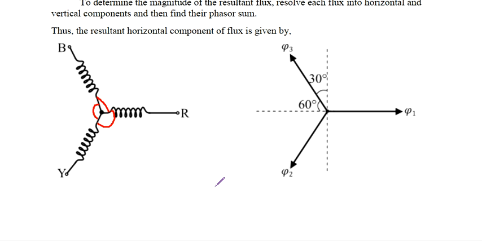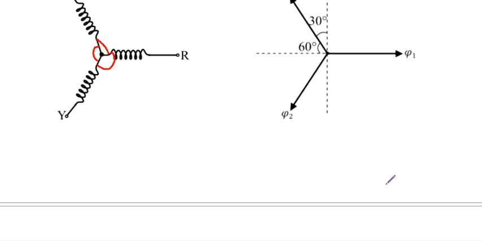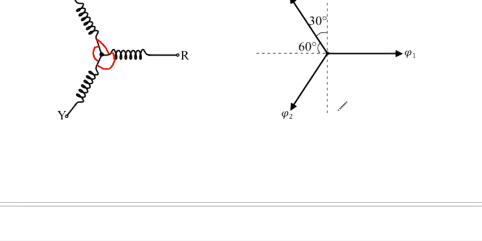So if you write the resultant horizontal component of flux, due to phi 1, the horizontal axis component of flux will be exactly equal to phi 1 because it is aligned in the direction of the horizontal axis. So phi h will be equal to phi 1. Then what about phi 2?